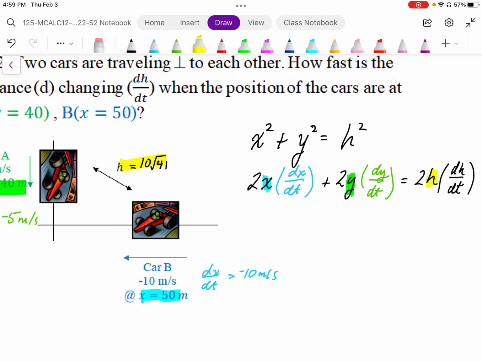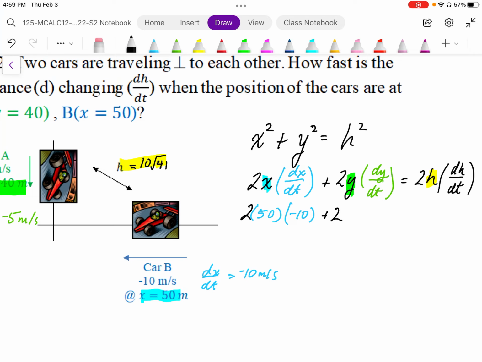So I have all the parts of this expression that I need to be able to solve for dH by dt. So then I'm just going to plug it in. So I get 2 times x. Well, I worked out x is 50. Dx by dt, I know is negative 10 meters per second.